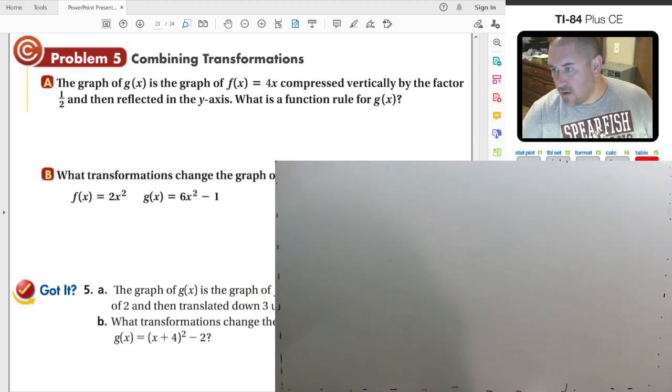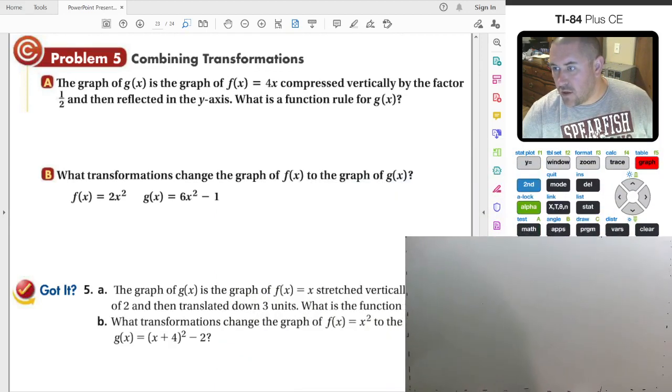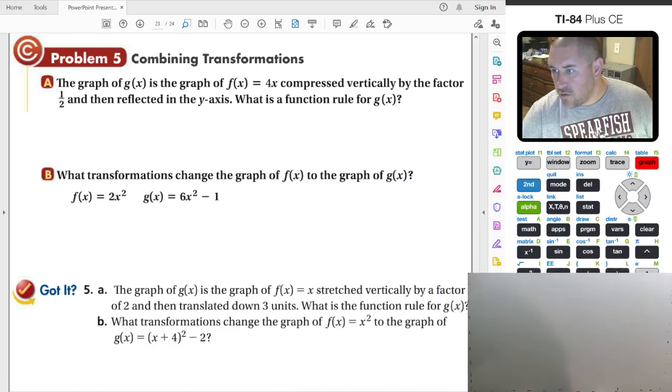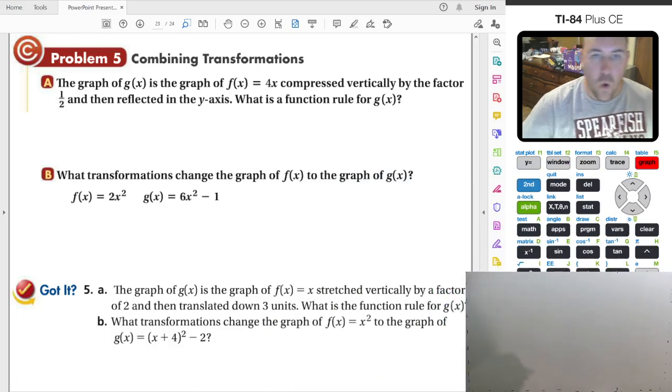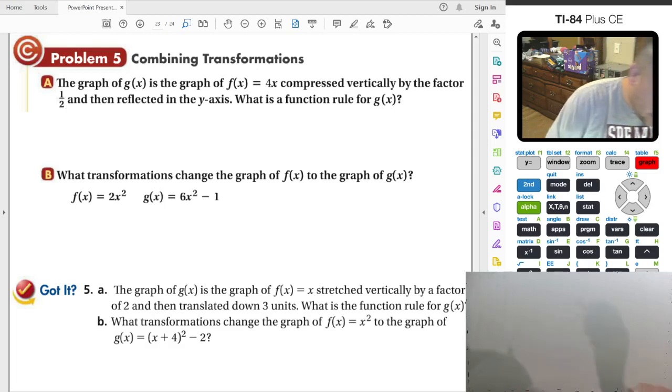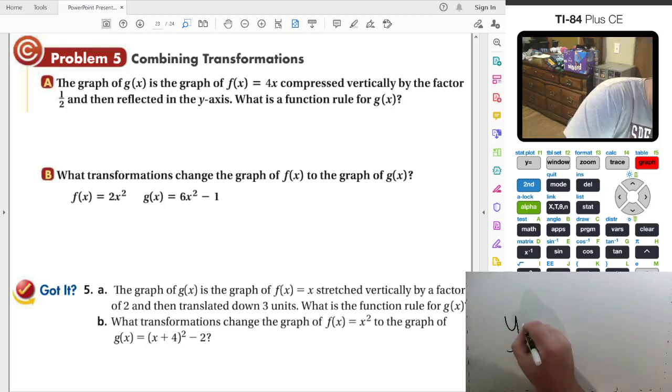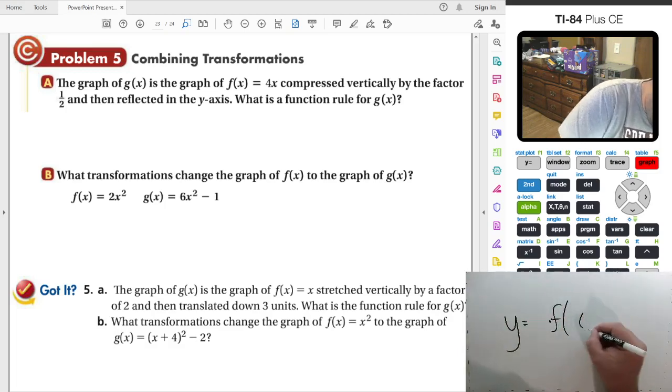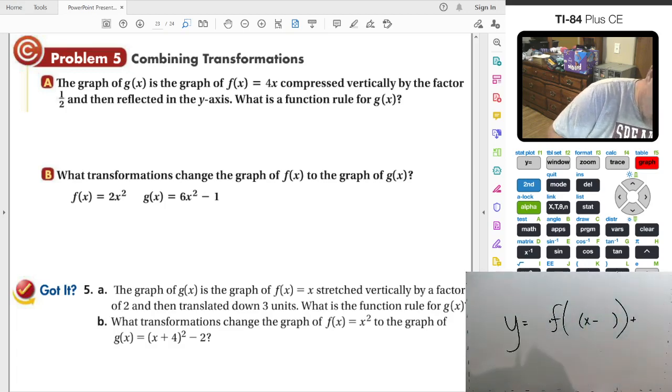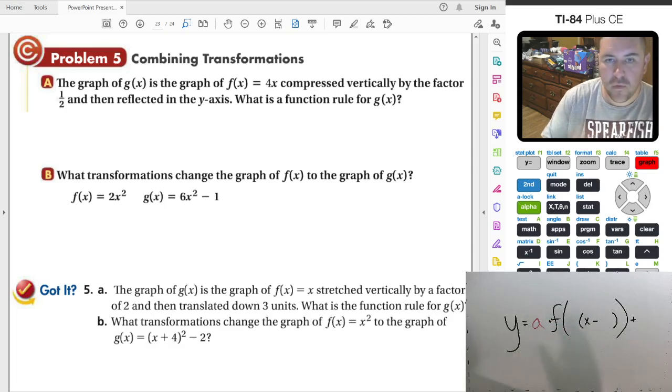Okay, the last thing is putting it all together. One more time. Y is a times f of x minus. You have a, vertical stretch and compression, vertical reflection.